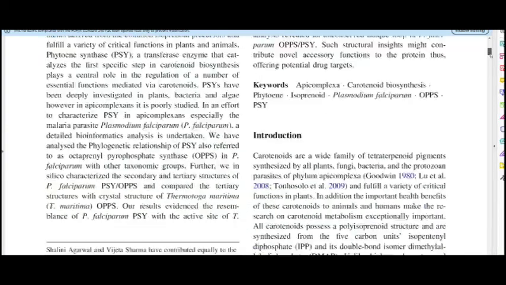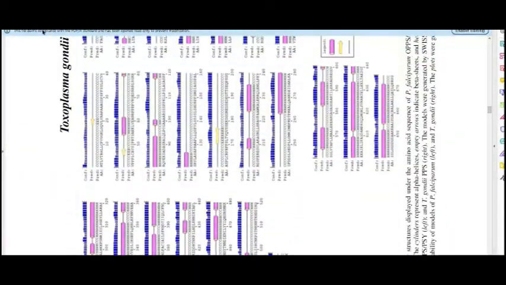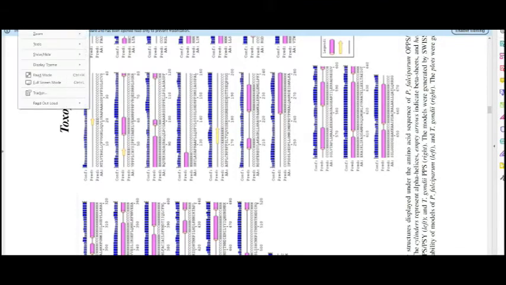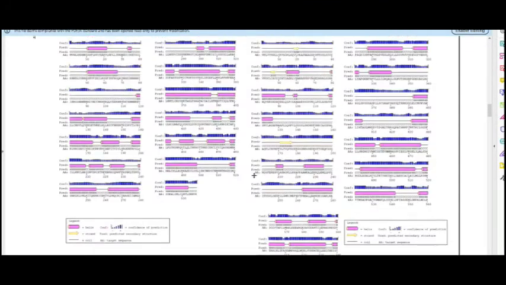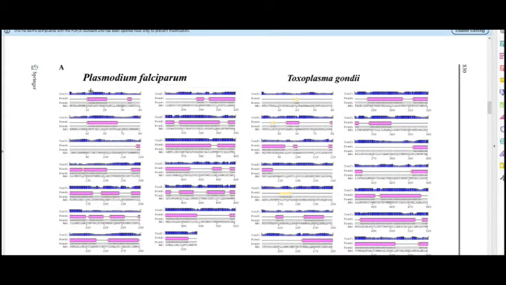And so in this paper, right here, I will rotate this so you can see it better. They are trying to predict secondary structures. And so we see where they have these magenta little cylinders here that is trying to predict alpha helices. And these bars up here are their prediction confidence.